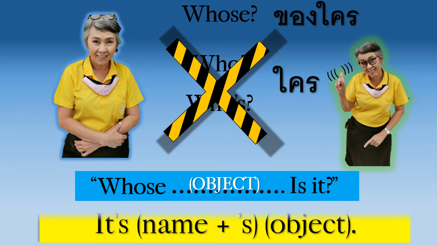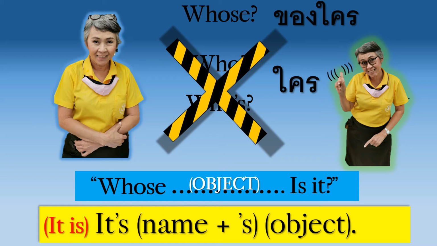The answer, it's, and then the name of the person, it's Tom's, and then the object, it's Tom's cell phone. It's Sarah's lunchbox. Remember that it's, with apostrophe S, is just a short way of saying it is. You can say it is Tom's cell phone, but we are learning it's Tom's cell phone.